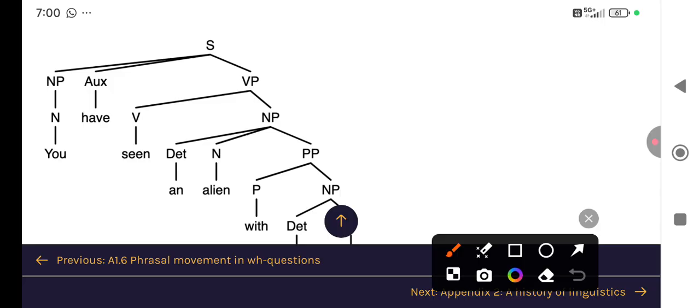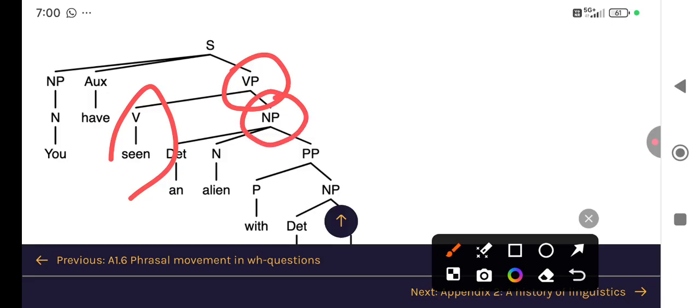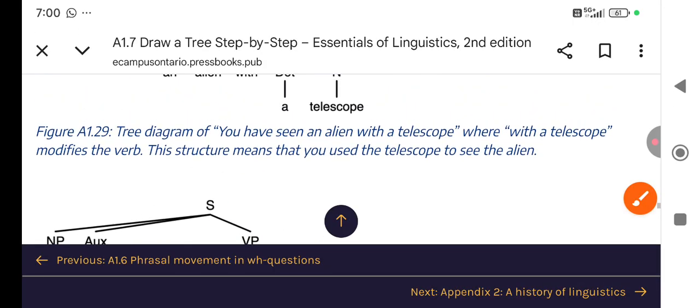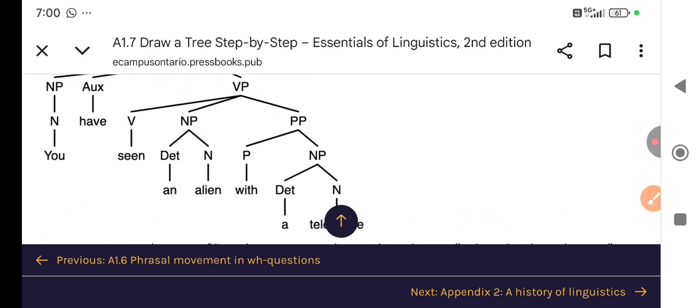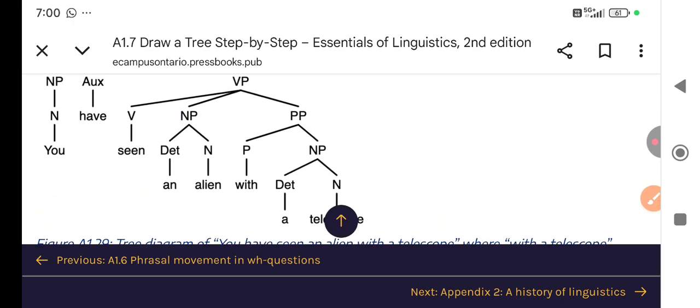An alien. So seen is the verb, which is dropped. Then again an alien is a noun phrase, and in this noun phrase a prepositional phrase is attached. So you have seen an alien with a telescope. So the sentence analysis will be changed.